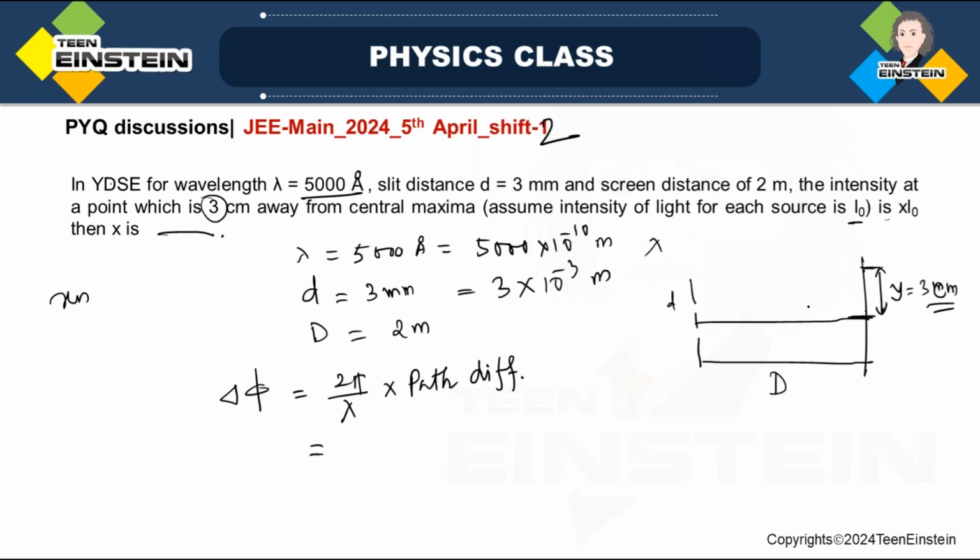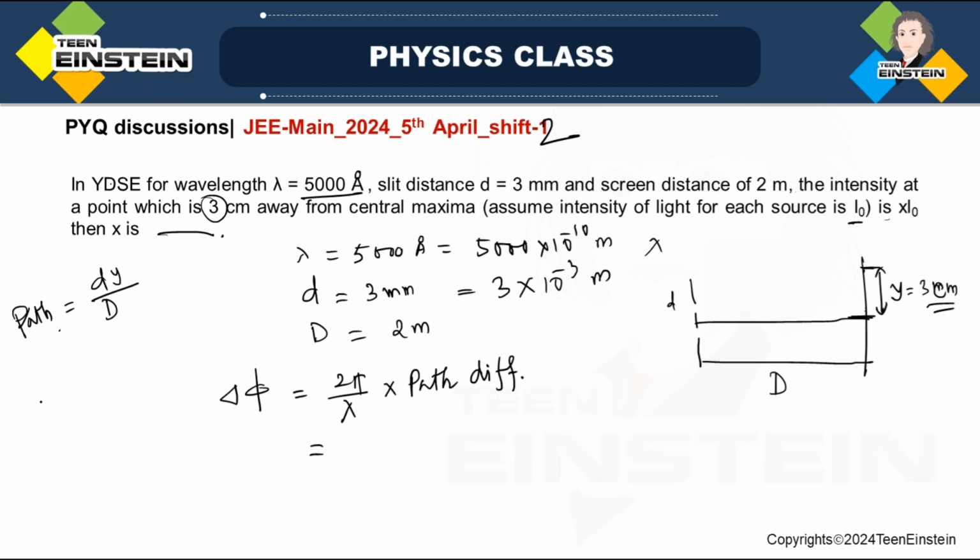So y is actually given by small d into y divided by capital D, and this is the path difference.